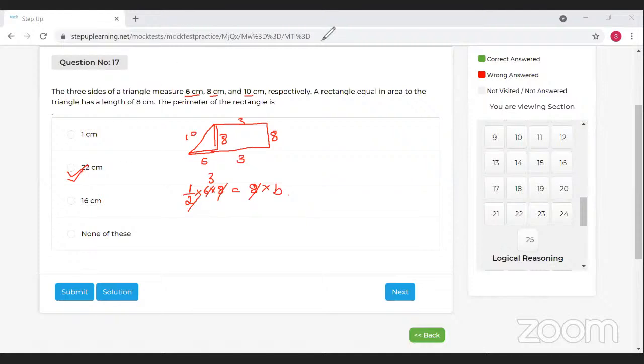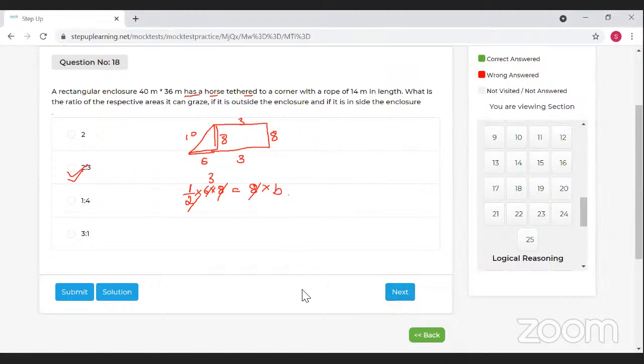Okay, fine. Let's move to the next one. I hope this one is also clear. What is the ratio of the respective area it can graze if it is outside the enclosure and if it is inside the enclosure?